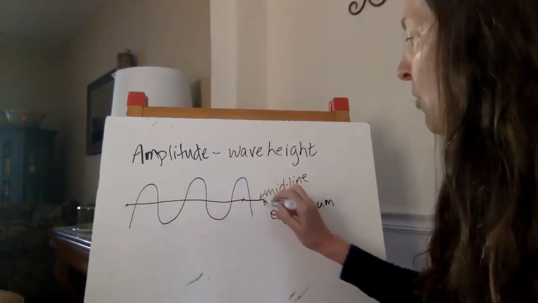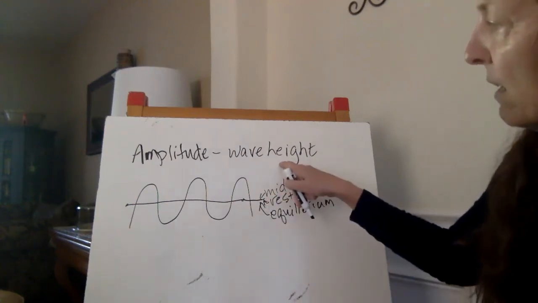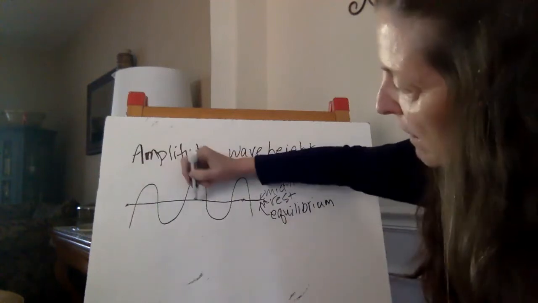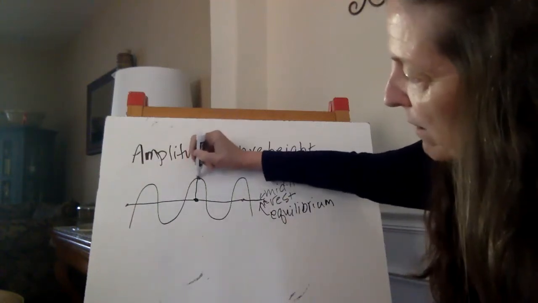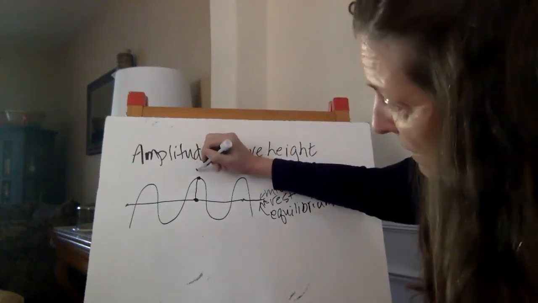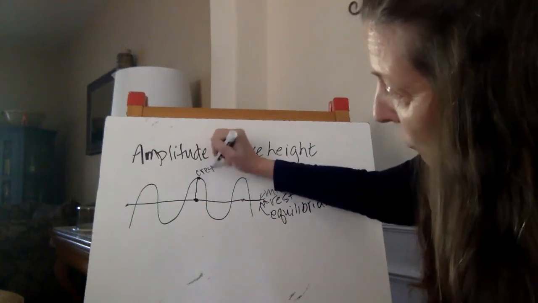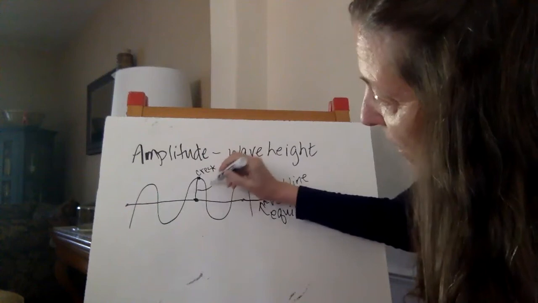Okay, that's all that. When you measure wave height, you go from rest to the top of a wave, and the top of the wave is called the crest. So this part, this is amplitude.